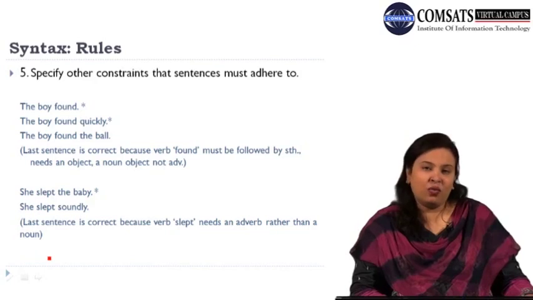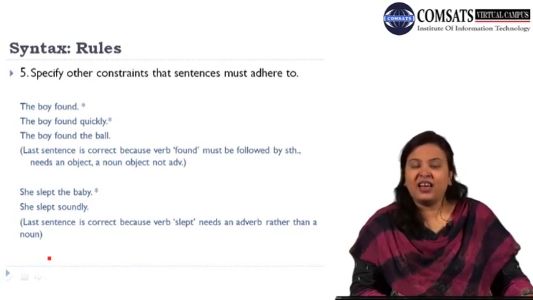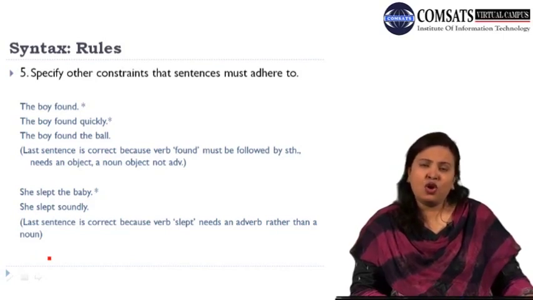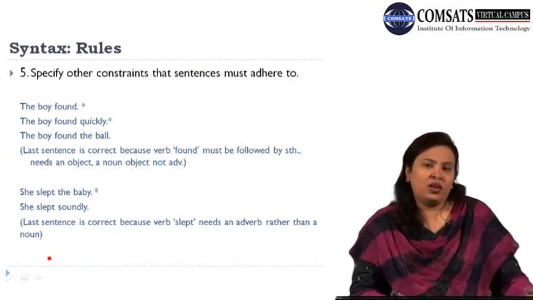What is wrong with it? Found is a kind of verb which needs an object, because it needs an object to convey its meaning. So what can that object be? If I need something after a verb like found, I could put "The boy found quickly."